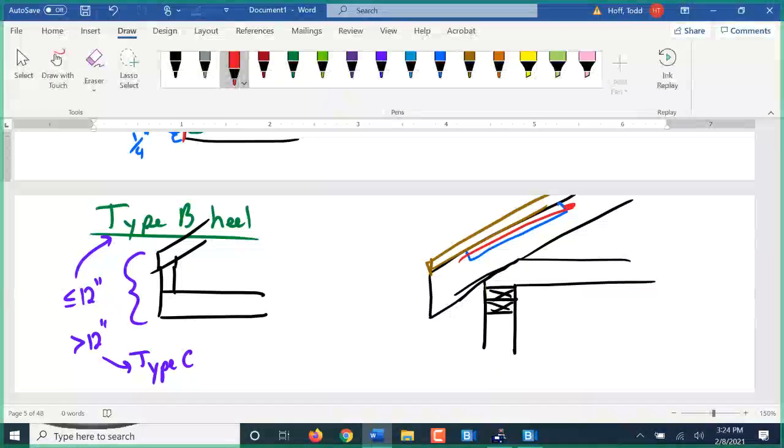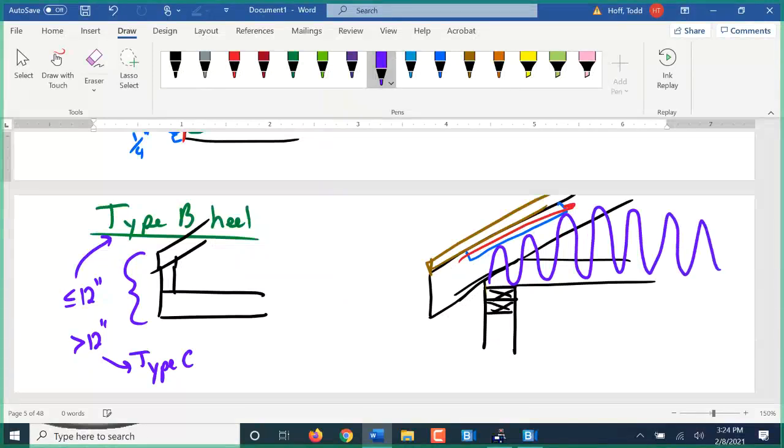Then what gets packed under here? How thick of insulation do you usually put in your ceiling? That is usually 12 inches thick.